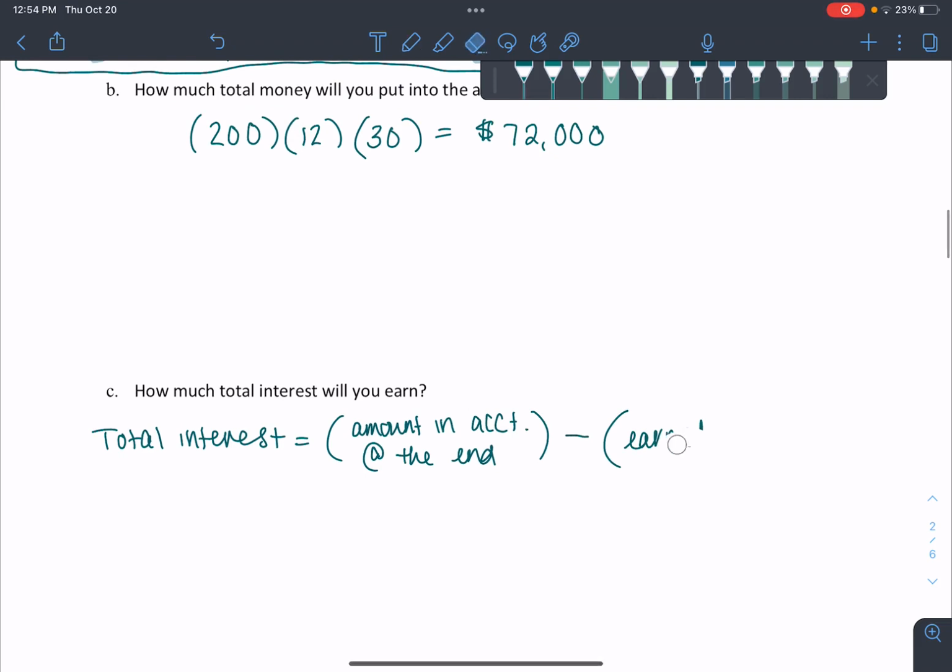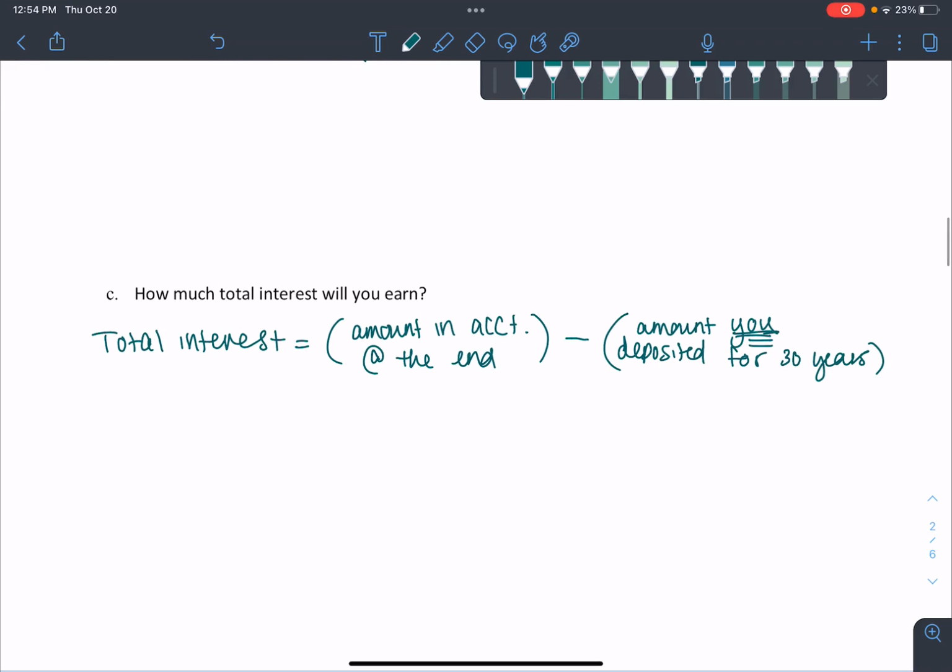the total amount in the account, and then minus the amount you deposited for 30 years. So what that ends up being is the amount in the account at the end.